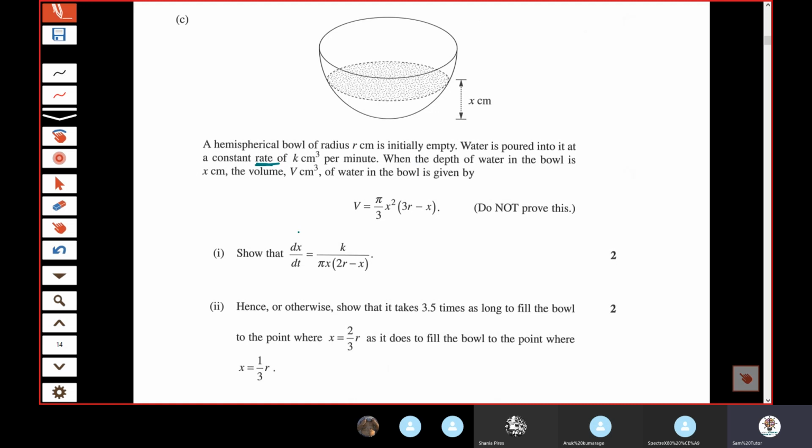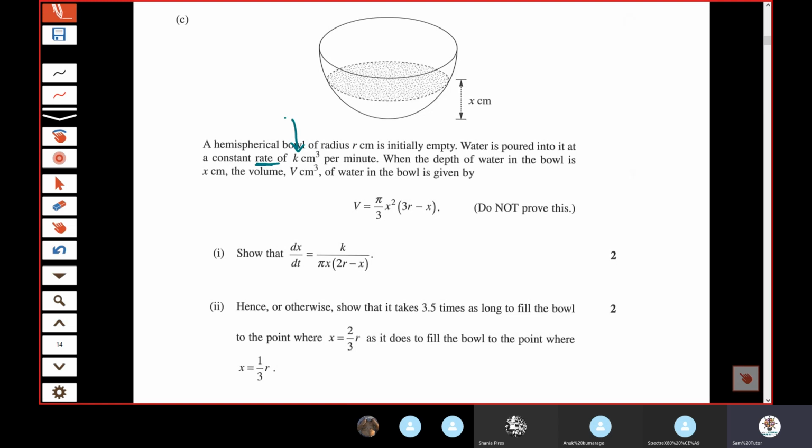Okay. Can someone tell me the thing that I've highlighted? What does that represent? What's a rate again? What does rate mean? Starts with D. Velocity.